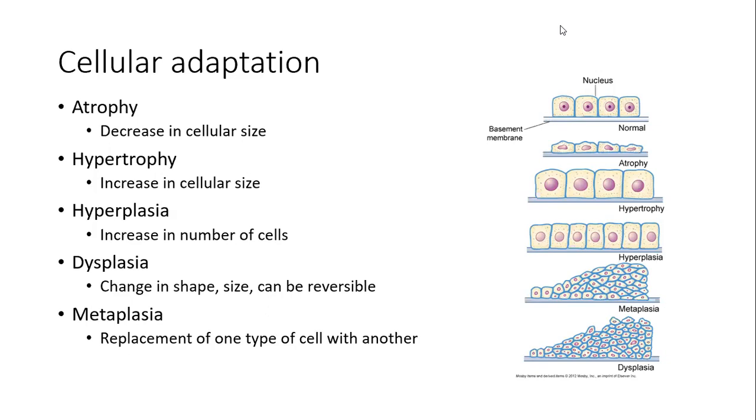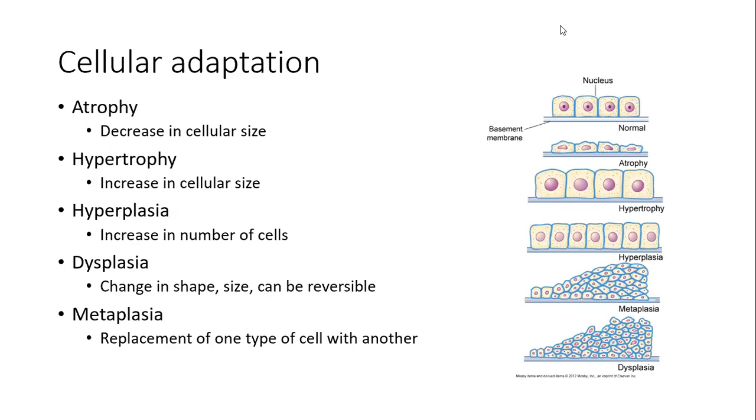An example of hypertrophy would be what happens during the menstrual cycle when the endometrium gets larger, and then the lining sloughs off. Hyperplasia, an example of that is a callus.